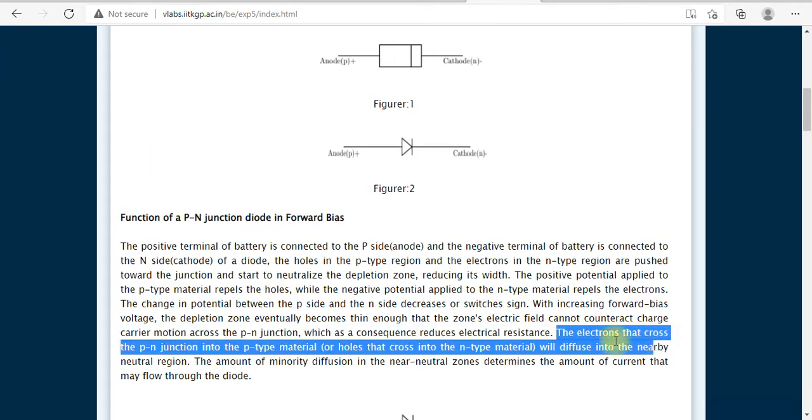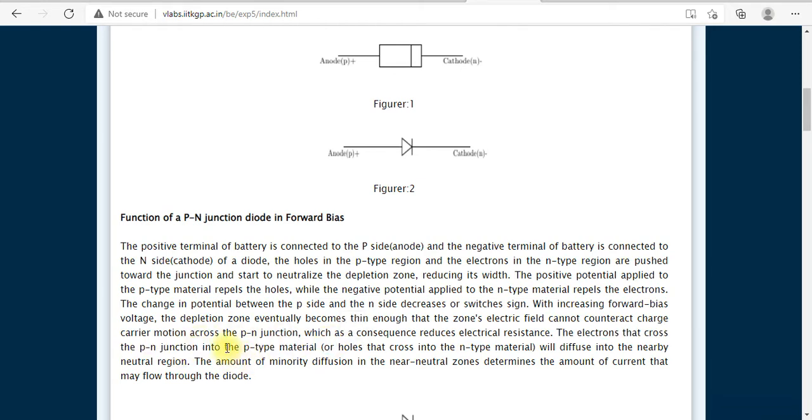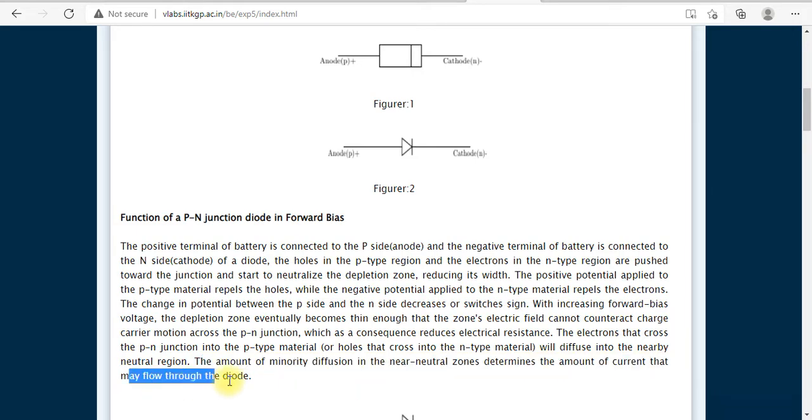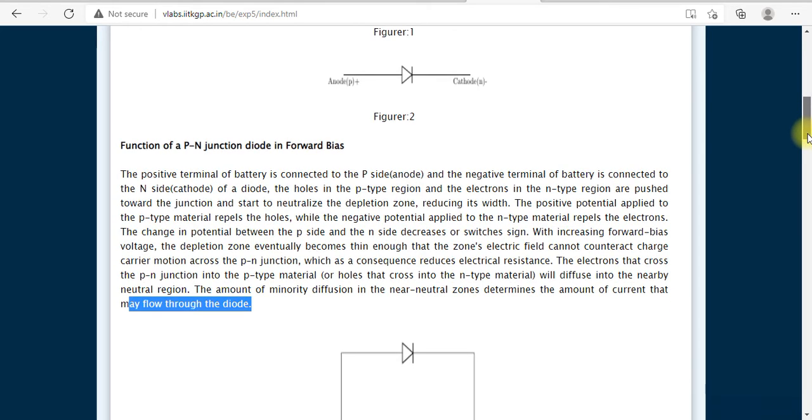The electrons and holes crossing the PN junction diffuse into the nearby neutral region. The amount of minority diffusion near the neutral zones determines the amount of current that may flow through the diode.